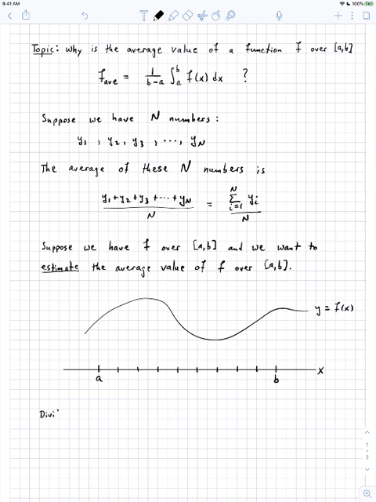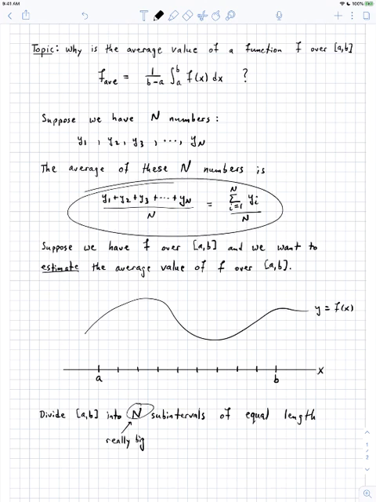So divide ab into n subintervals. Let's make them of equal length. The idea here is we're going to assume that n is really big. We're going to have a lot of values.